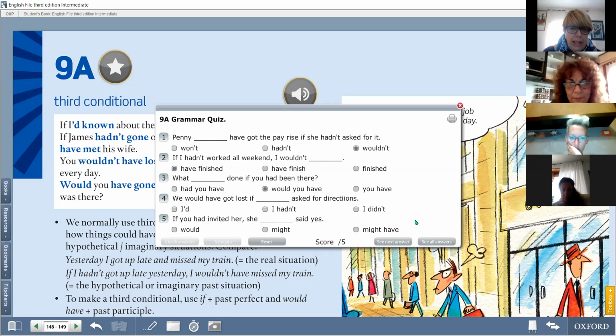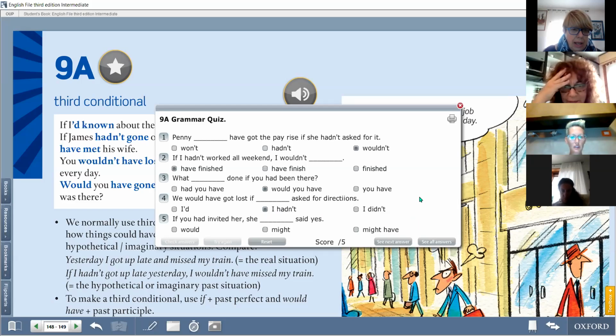The second one, yeah. Second one. Okay. Anna? We would have got lost if... aiuto. You have asked. Asked, quindi in passato. If we hadn't asked for directions.